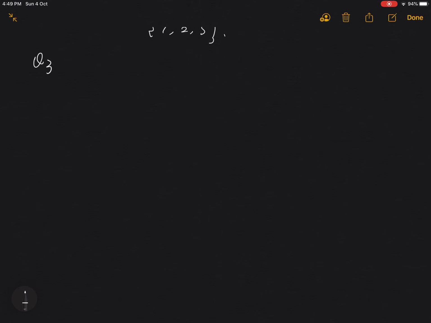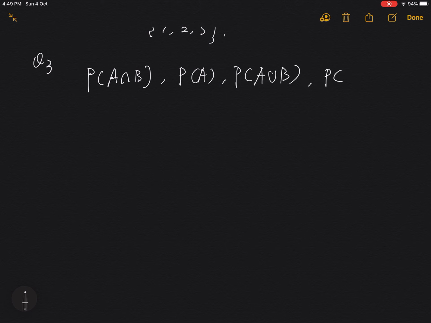For question 3, we need to determine the power set of A and B, the power set of A or B, and the Cartesian product of A and B. For this question, we need to calculate the sets first.